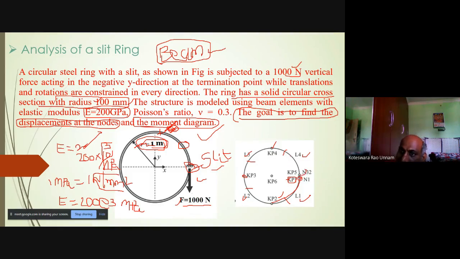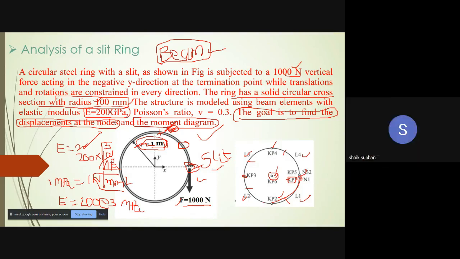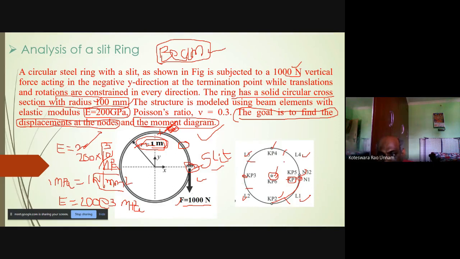Not only that, all these arcs are circular arcs, so to define the radius, I require a center for the arc. For the center also, I need to create one more key point. So totally how many key points do I need to create here? It is 6. For this line 2, for this line 2, for this line 2, but key point 2 is common for these 2 lines, key point 3 is common for these 2 lines, and key point 4 is common for L3 and L4.